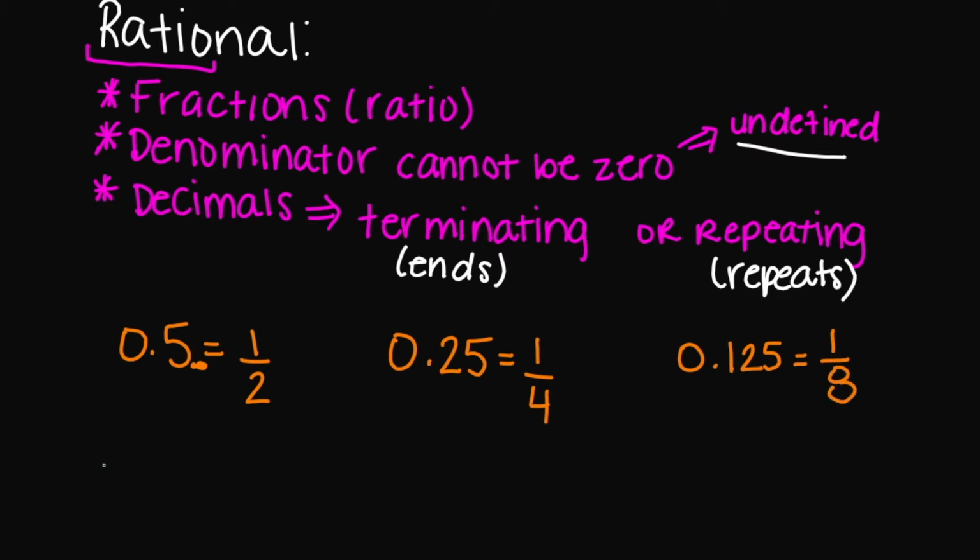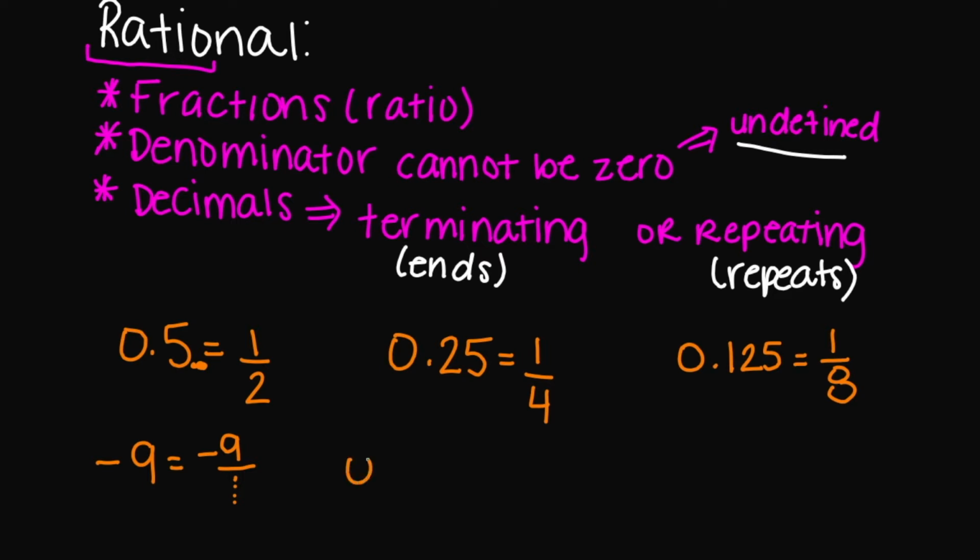What about the number -9? Is -9 a rational number? Yes, it is, because -9 can be written as a fraction. If I turn -9 into a fraction, it would look like this because we have our imaginary 1. So therefore, -9 is a rational number.